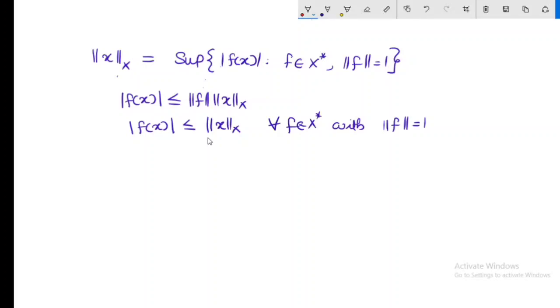That means we have to prove there exists some function g belongs to X star such that norm of g equal to 1 and modulus of g of x is equal to norm of x. That means g is a linear functional with the norm of g equal to 1, and mod g of x equal to this one means the supremum is attained. Hope it is clear. So here we are going to prove this.